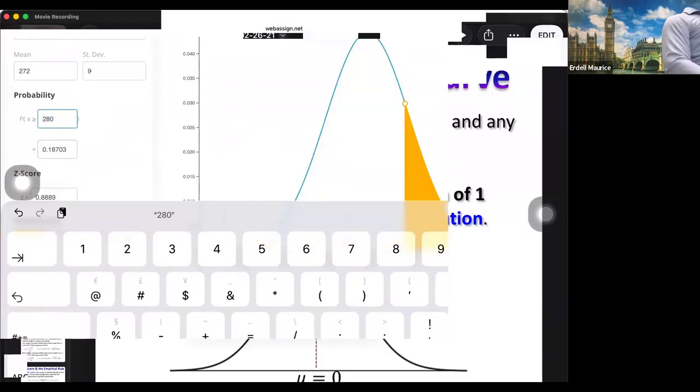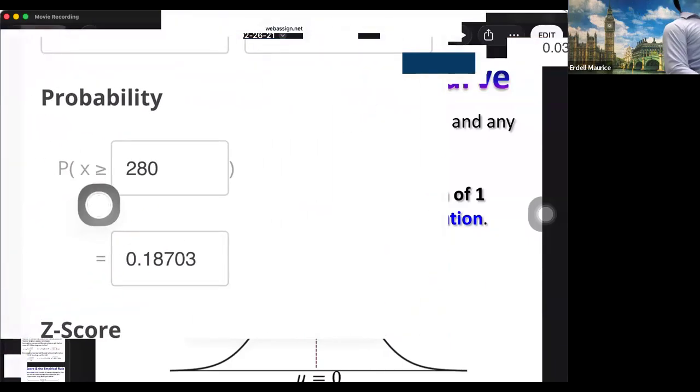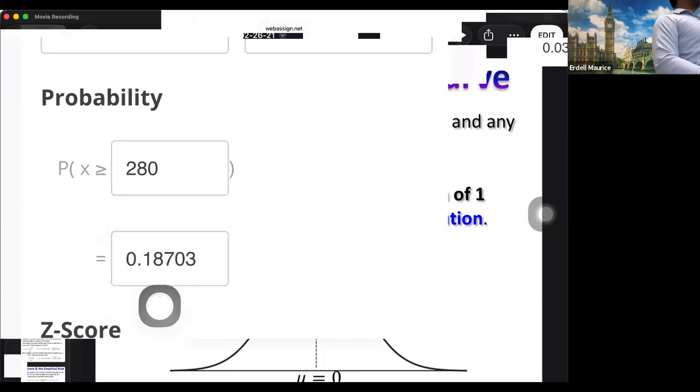And again, if you zoom in right here, you see the greater than sign? They're giving you hints to remind you, hey, you are going along the right track. And the answer is 0.187. 18.7% of pregnancies go beyond 280 days. Questions there?